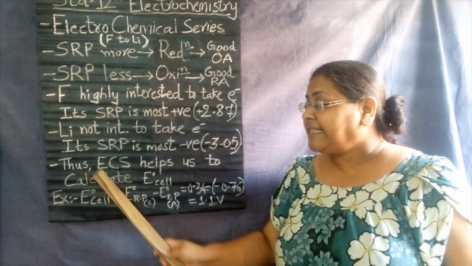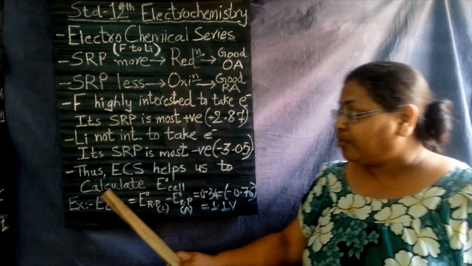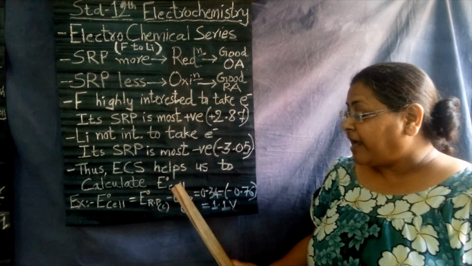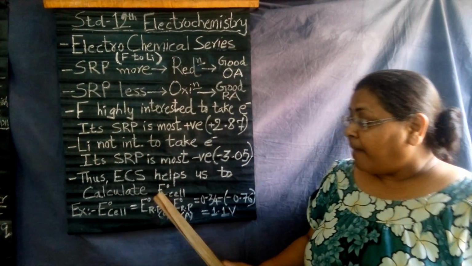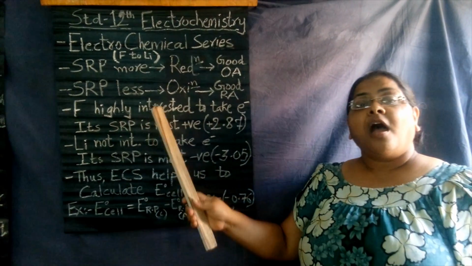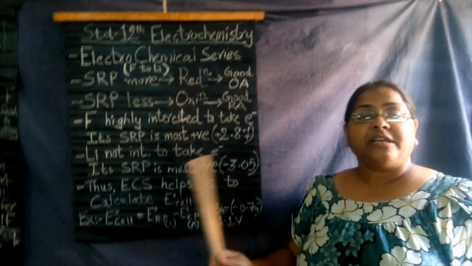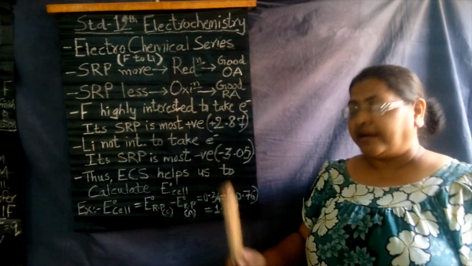Thus, the electrochemical series helps us calculate the standard potential with the help of the standard reduction potential of the half cells in relation to SHE, the Standard Hydrogen Electrode.